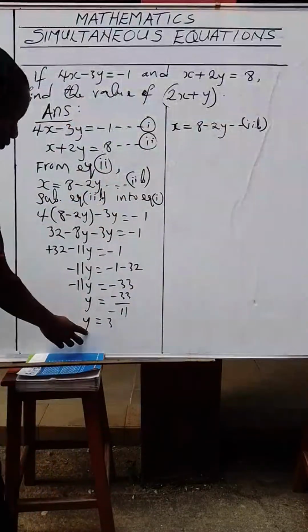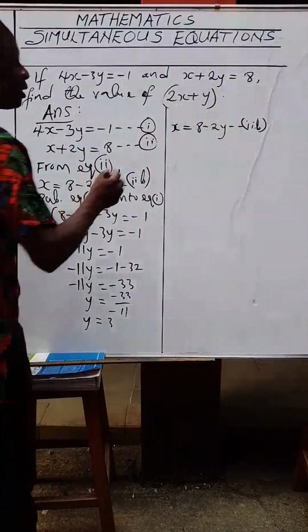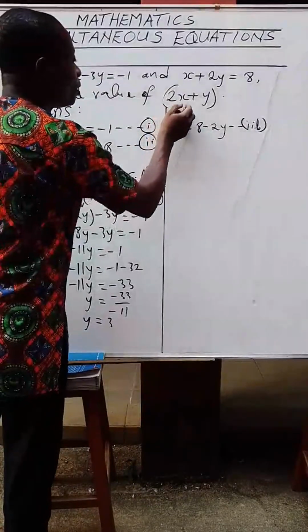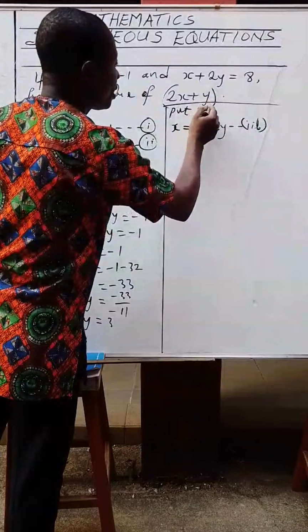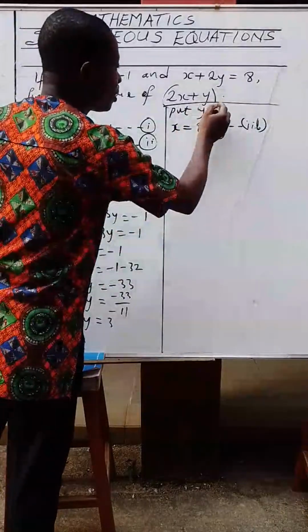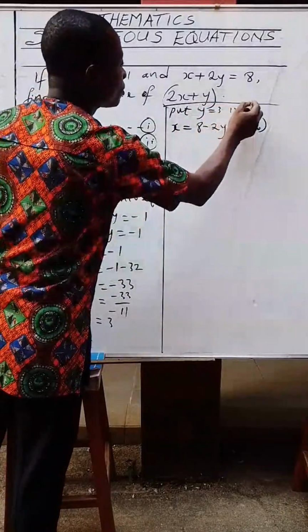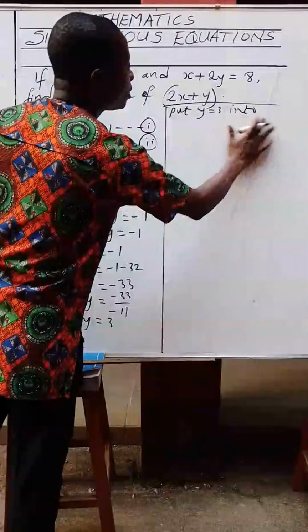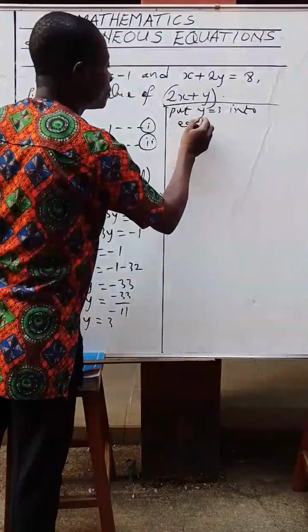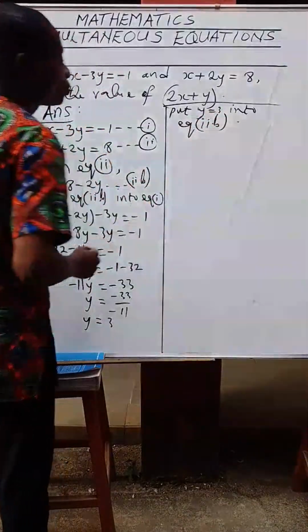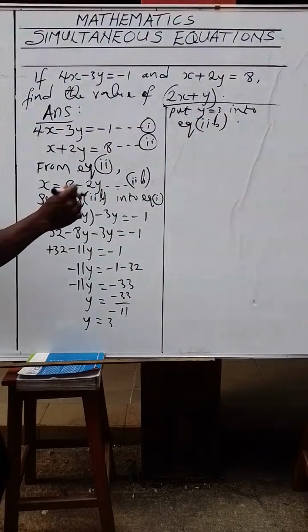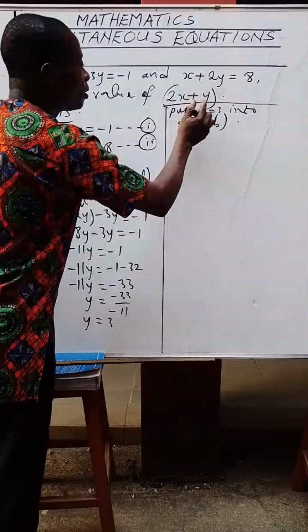So we are substituting for y. Put y equals 3 into equation 2b. So we put it in equation 2b.